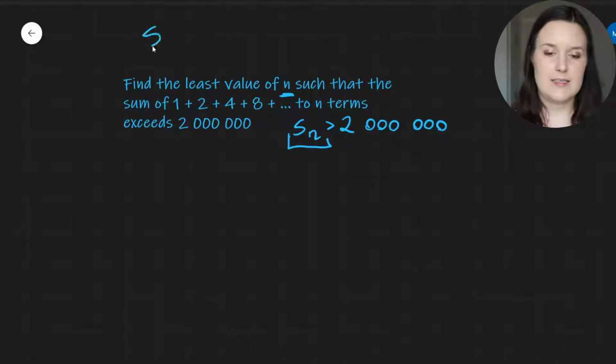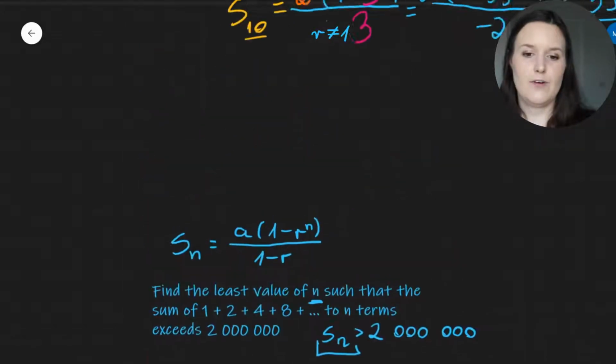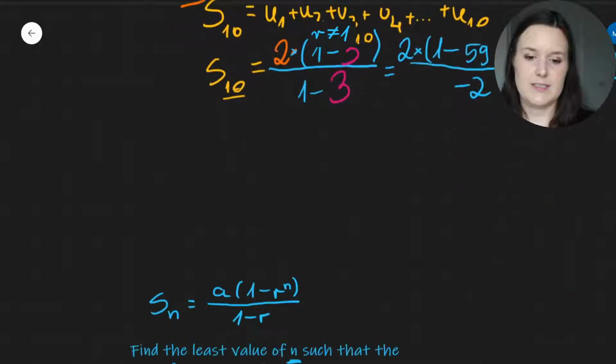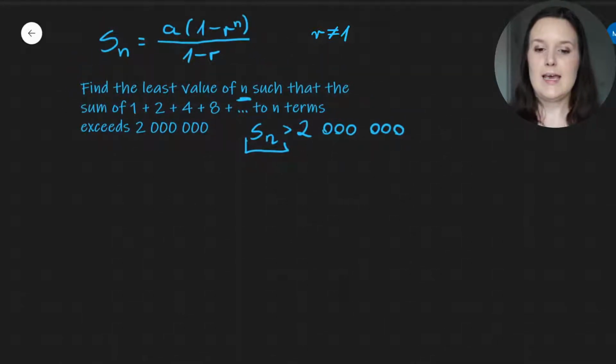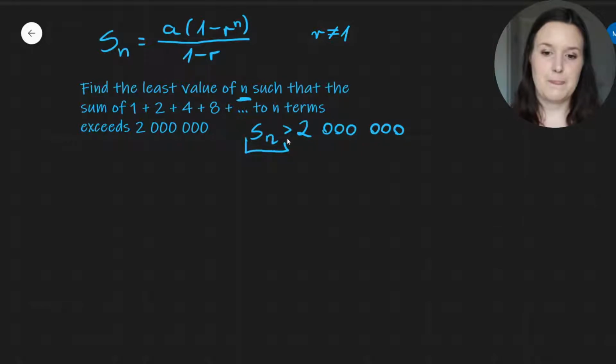The sum of n terms is the first term times 1 minus ratio to the power of n divided by 1 minus ratio. This is the formula that we discussed here. That's the same formula. And now I would like to know when this formula is more than 2 million.